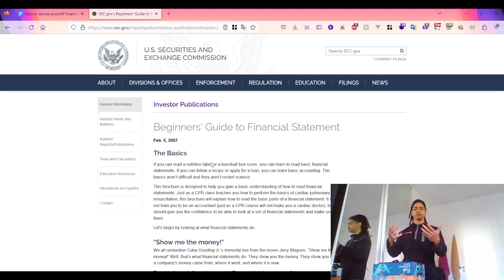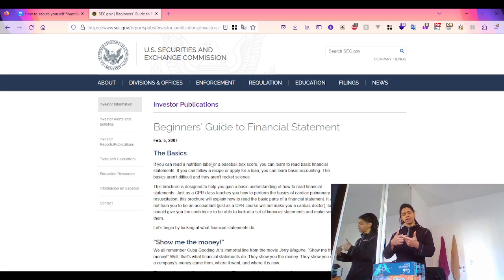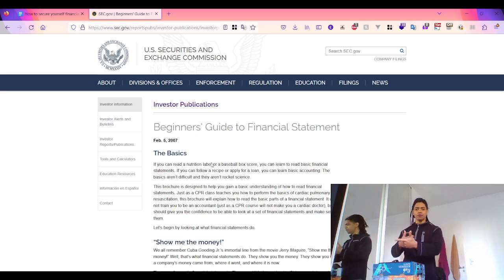If you're able to read nutrition labels or a baseball or soccer box score, you can learn to read the basic part of a financial statement, and if you can follow a recipe or apply for a loan, you can learn the basics of accounting. And the basics are not difficult, they're not rocket science.